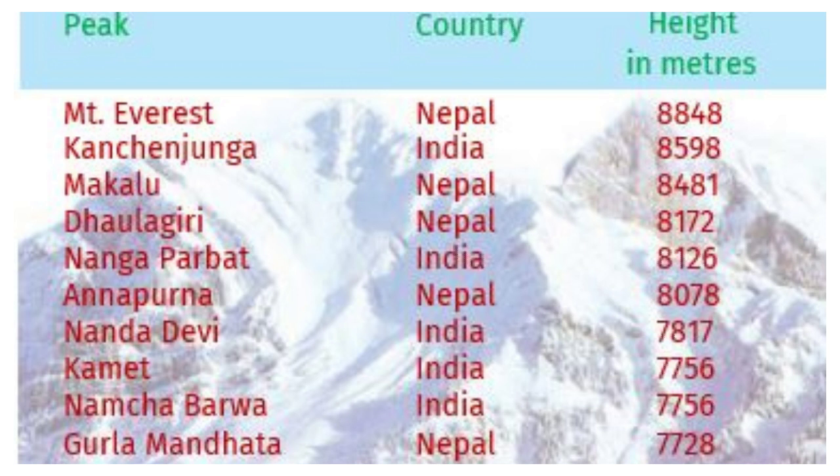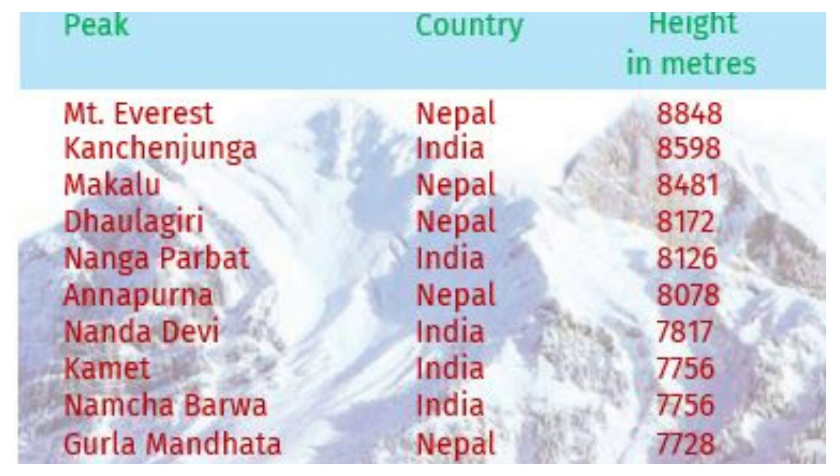You can see the peak, country, and height in meters that I mentioned here. Mount Everest is situated in Nepal, its height is 8,848. Kanchenjunga, in India, 8,598. This information you already learnt in the 7th standard also.